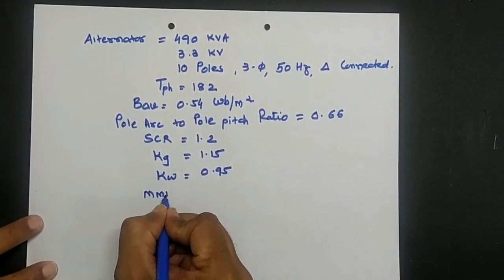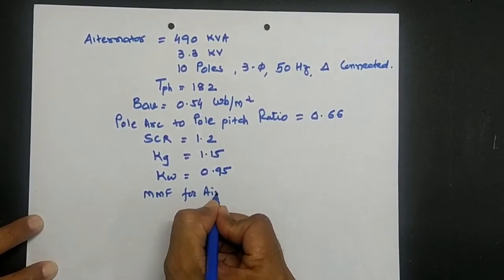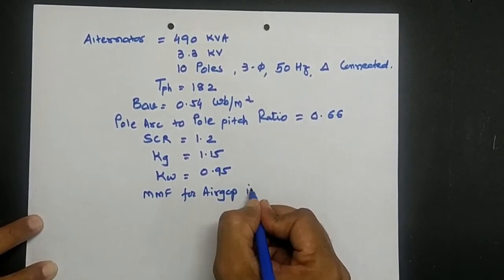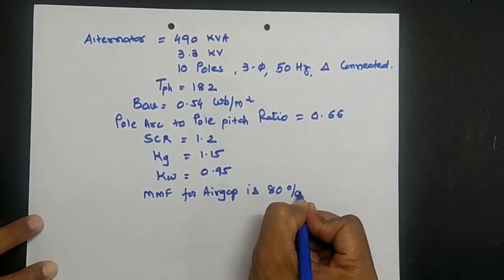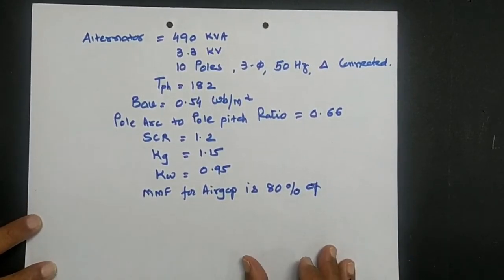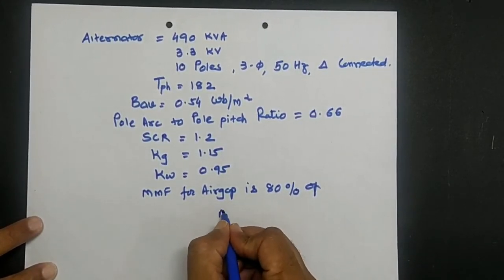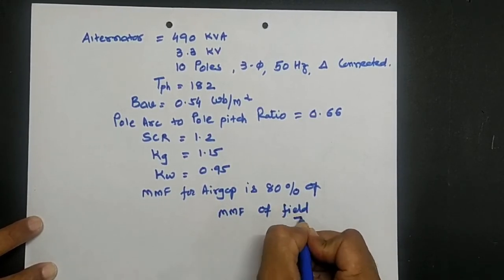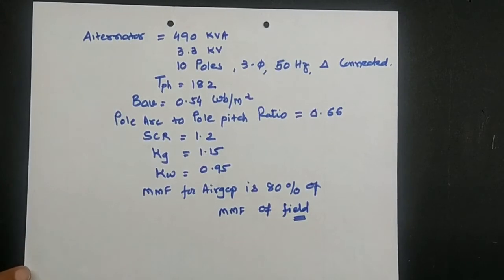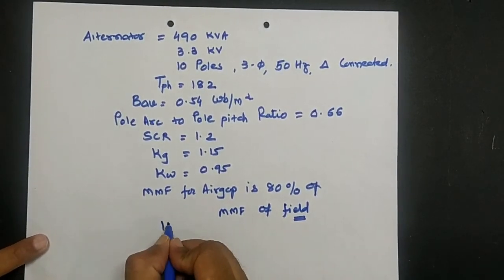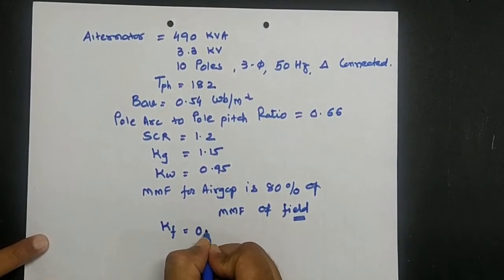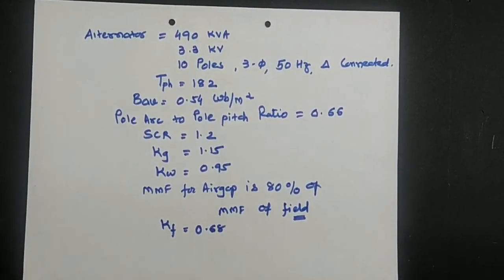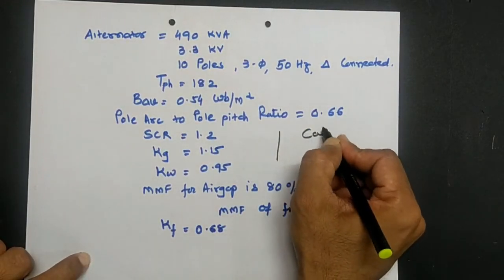So MMF for air gap is 80% of MMF of field. Also the field form factor Kf is given as 0.68. With this data given, we need to calculate the air gap length.